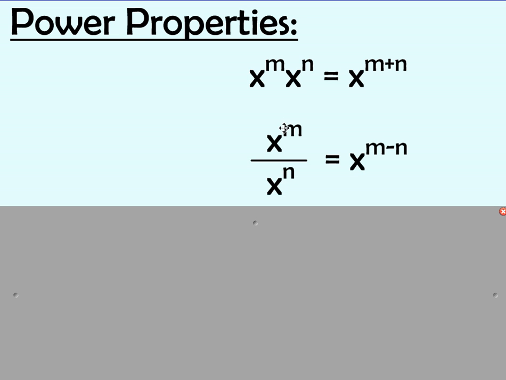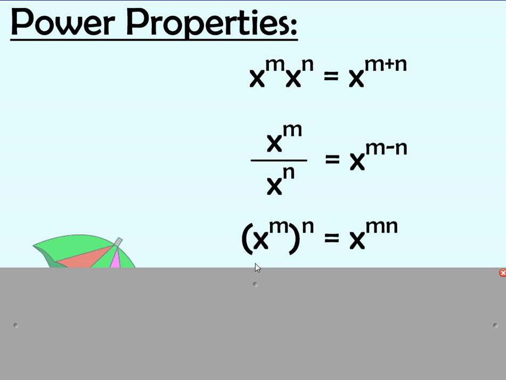Similarly, when you are dividing two powers with the same base, instead of adding the exponents, we're going to subtract the exponents. So if I had x to the sixth divided by x to the fourth, 6 minus 4 would be 2, so that would be the same as x squared.